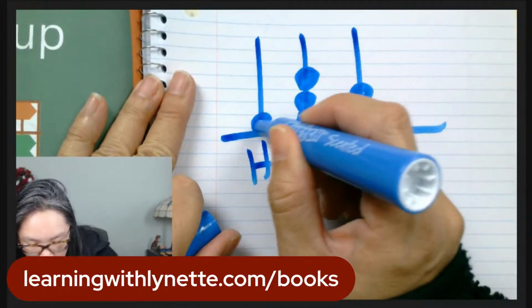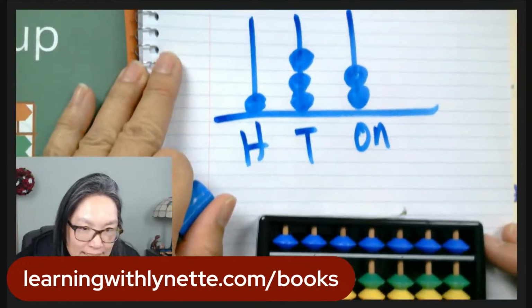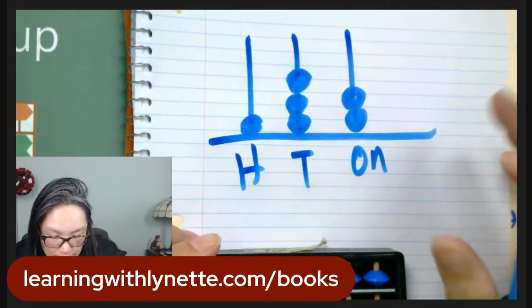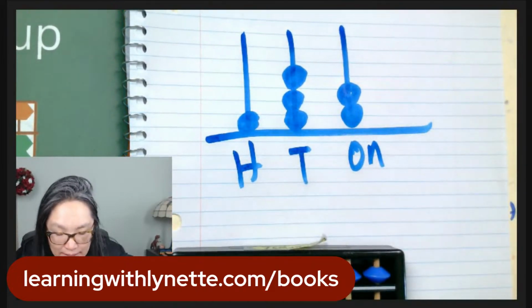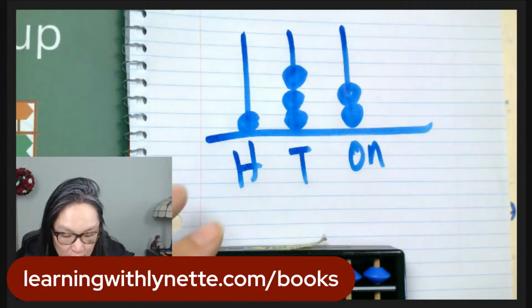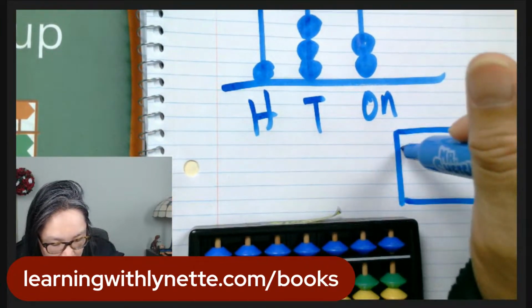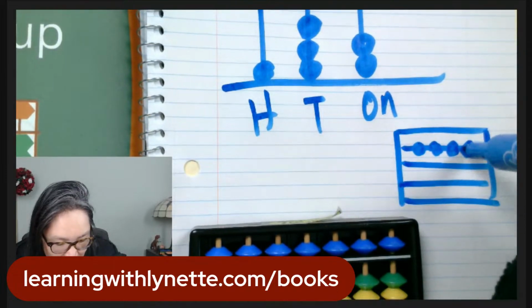If I do here, that's four. Kind of the same. I know what you're talking about. I don't teach this way, because this is kind of like the 10-bead that goes across. So there's one abacus that goes like this, and you do the beads like this. It's kind of the same.